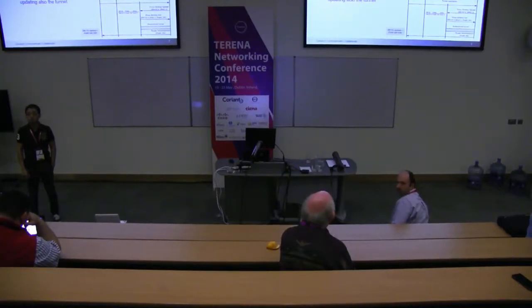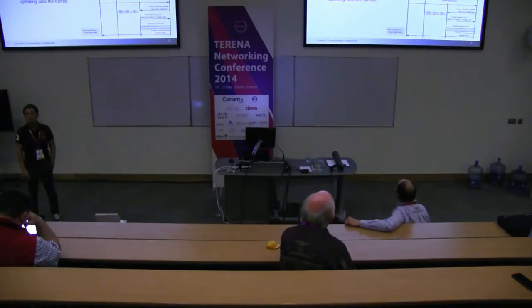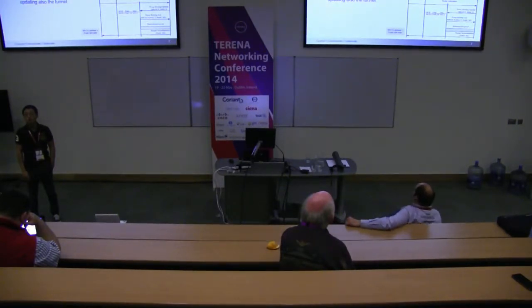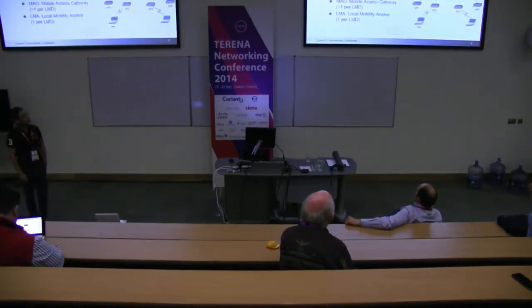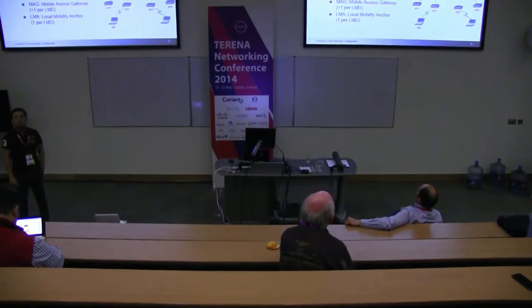Thank you. Unfortunately, I did miss a little bit in the middle there, but when you were showing that before with the home agent and the care of address, I have some experience of traditional mobile IPv6. And I was just wondering why it didn't do the route optimization.